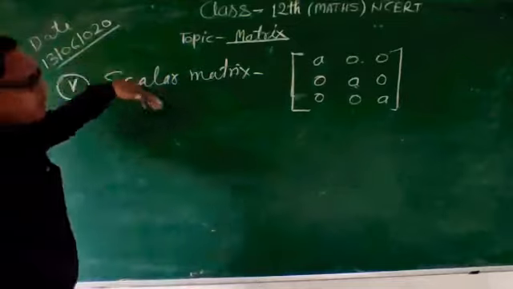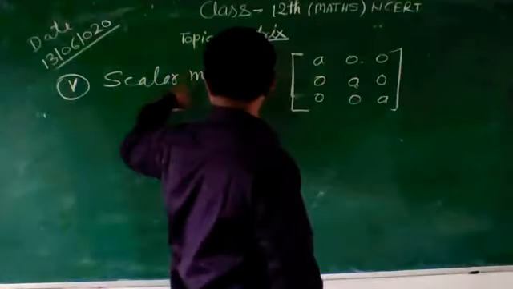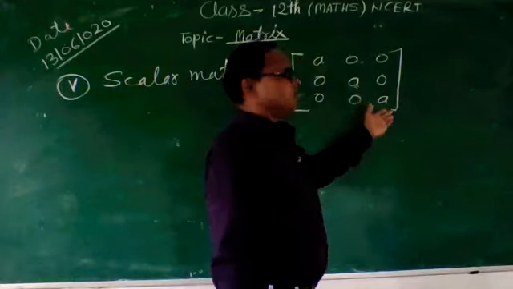But in a diagonal matrix, the given elements are not the same. In a scalar matrix, the diagonal elements are the same.